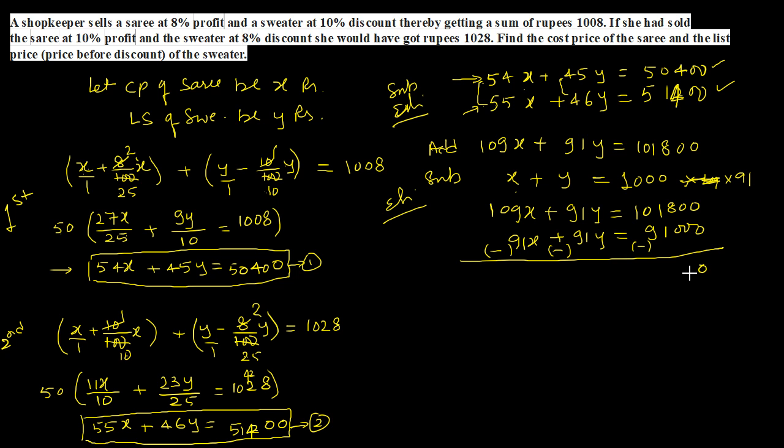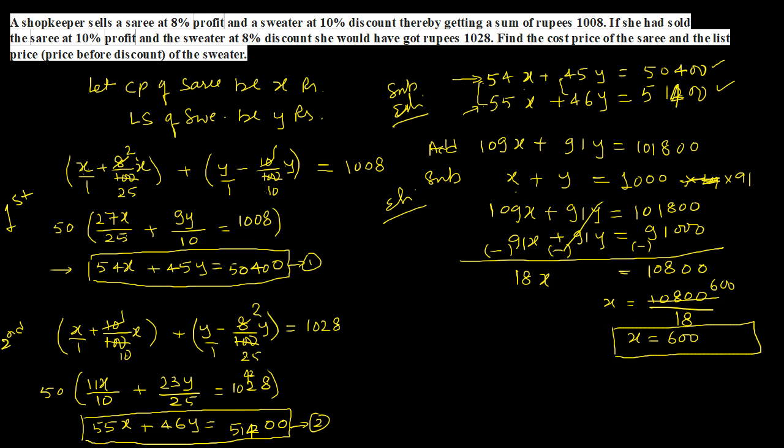This gets cancelled. This will be 18x. So x will be equal to 10,800 divided by 18. 18 6s are 108, that will be 600. So x is 600, which is our cost price, rupees 600, cost price of saree.